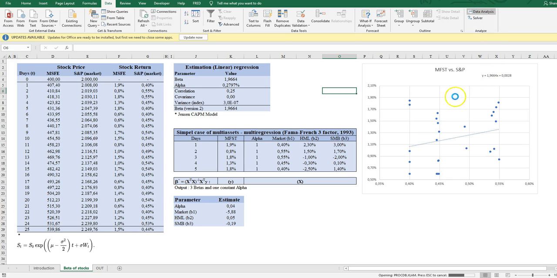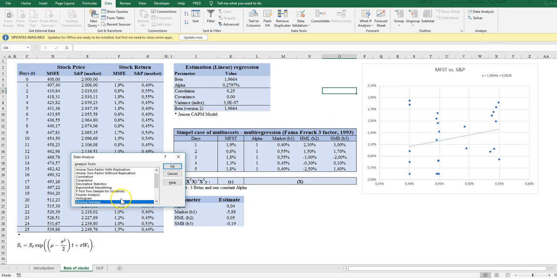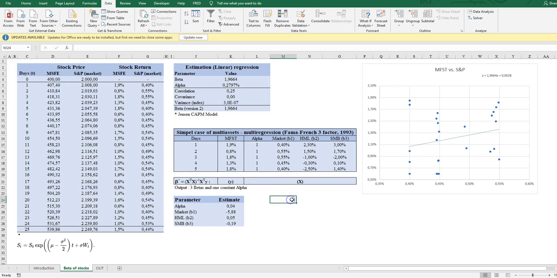Go to data analysis and choose regression and calculate it from there, and that will give us some convenient statistical estimates as well that we could use if this was something that we had to apply in practice. So this is the way to calculate the original historical beta.